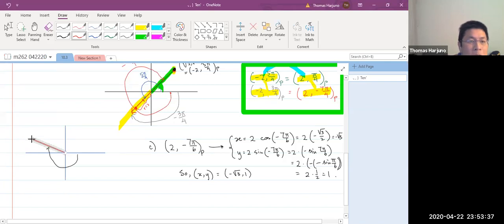And the radius here is positive 2. So we expect the coordinate to be in quadrant 2. So this is negative radical 3, and this is positive 1.